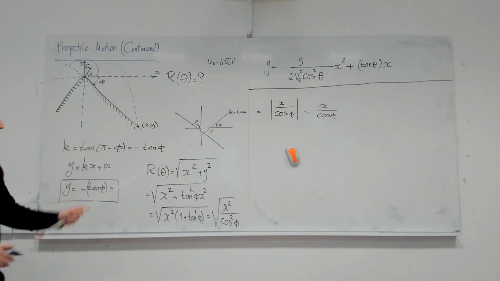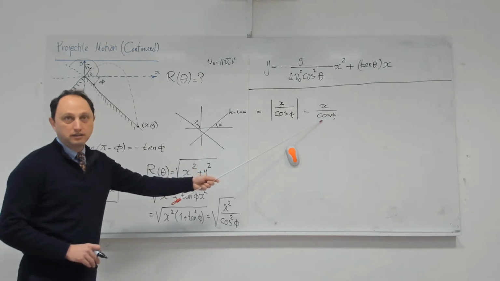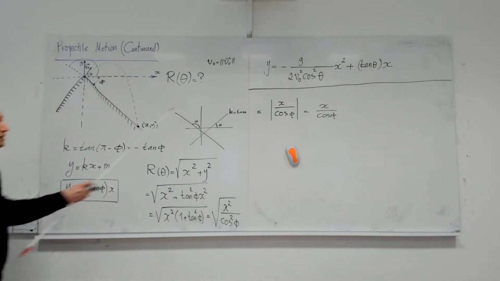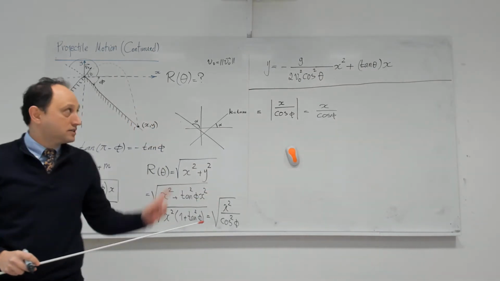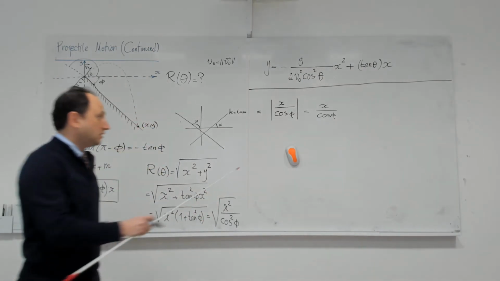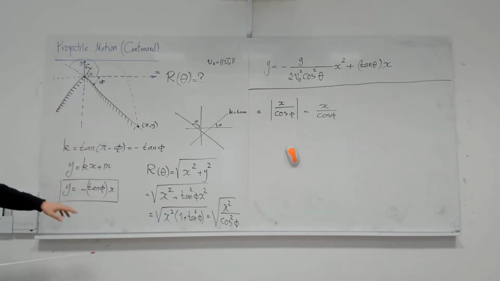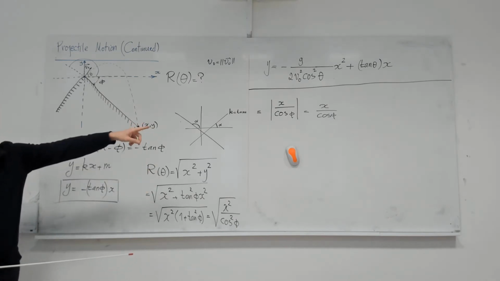So here, I have expressed r as a function of x and phi. x is related to y, which is related to theta. So it means at the end, x is a function of theta, and then r is also a function of theta. Is that understandable? So you see, I got r of theta like that, a very simple equation for it.